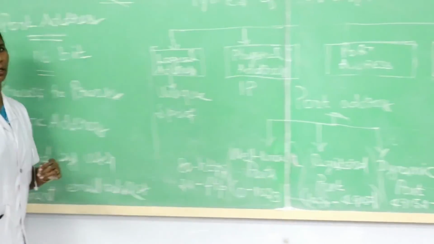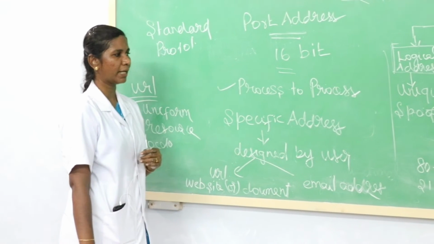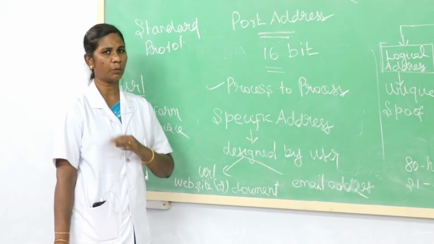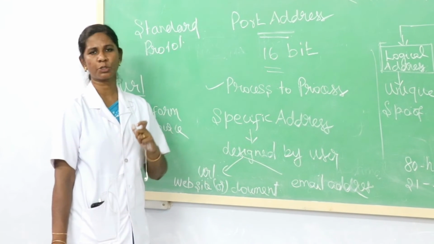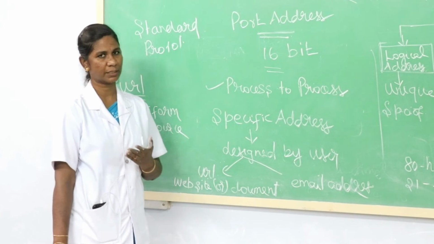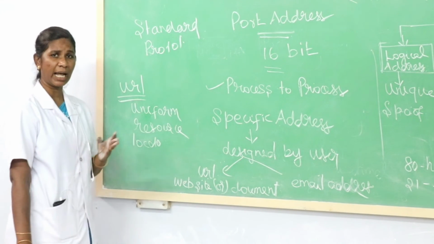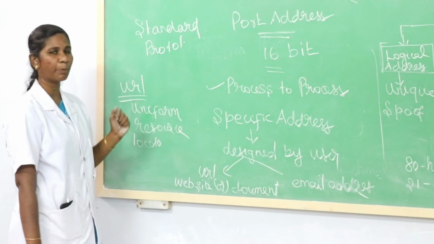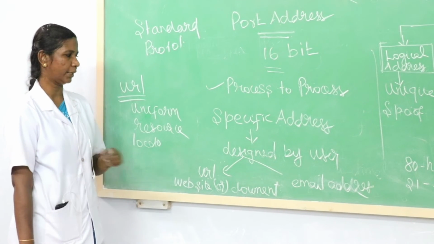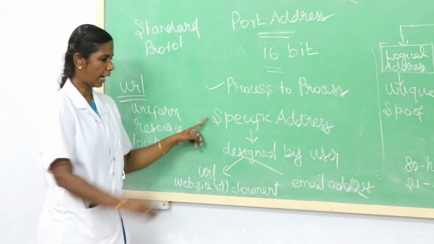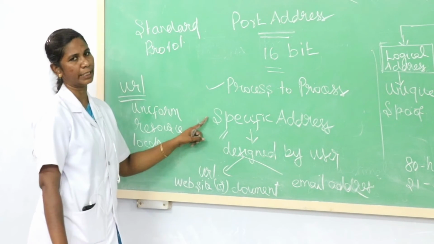From the port address, again we are coming over to the specific address that is used at the application layer. We all know well, comparing the OSI and the TCP/IP model, here there are 7 layers, there only 4 layers. The first 2 layers are merged and called the network access layer, then the network layer, the transport layer, and the last 3 layers are merged and called the application layer. So the specific address concerns the application layer only.